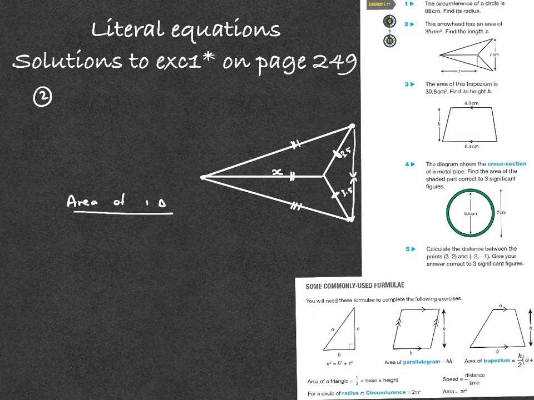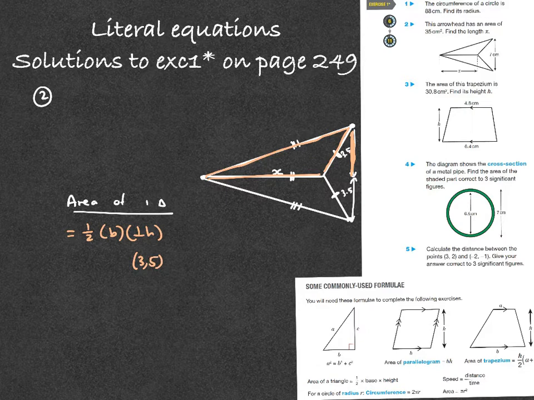Well, the area of this one triangle, the orange one, but I'm colorblind here. So it's a half times the base, which is x in that case, times the perpendicular height. The perpendicular height there, of course, will be 3.5.